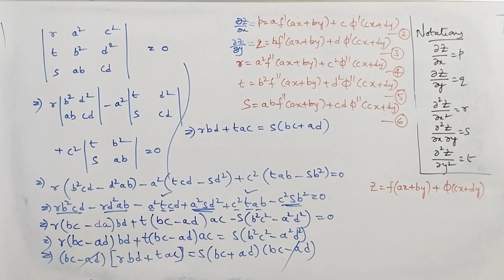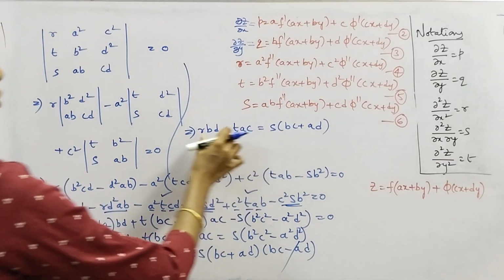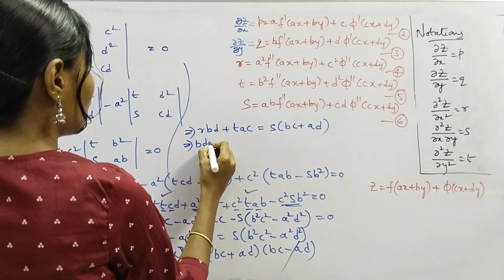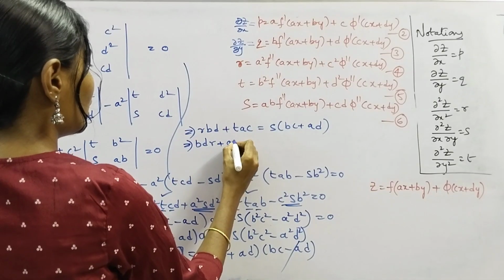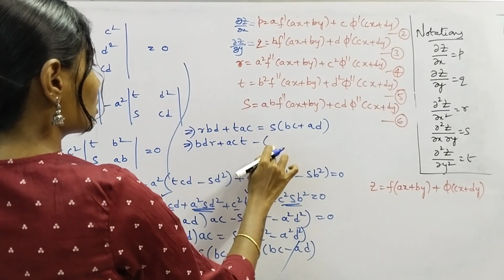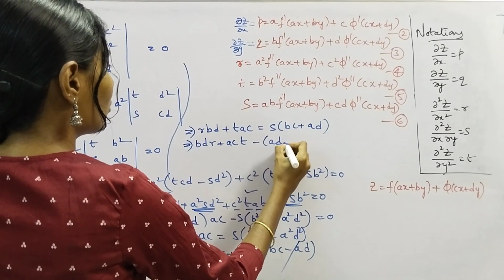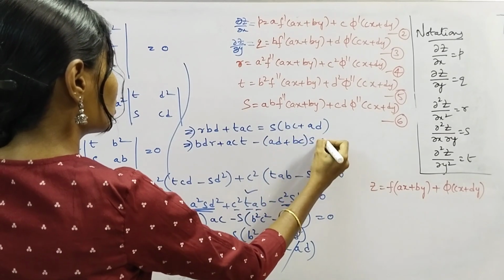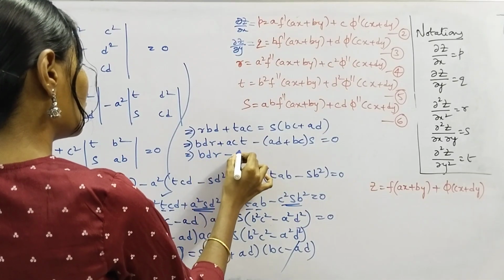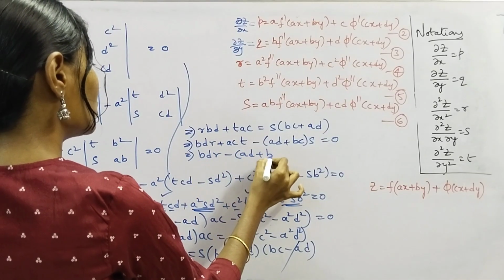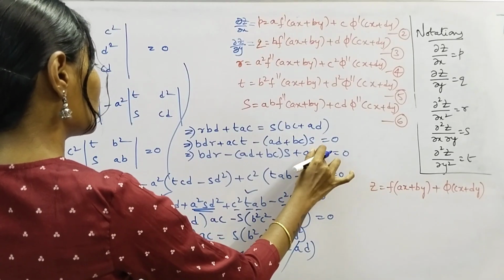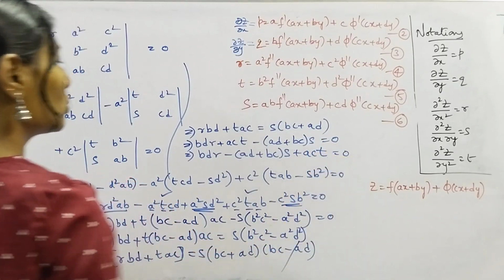Now let's bring this term to the LHS. You can write bdr + act minus (ad + bc) into s equal to 0, or you can write this as bdr − (ad + bc)s + ac·t equal to 0, which is the required partial differential equation.